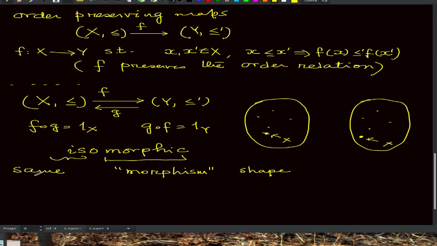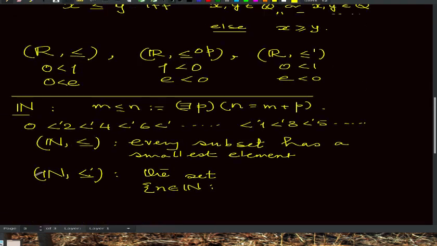So the moment we know that they have the same shape, we know they are isomorphic. So even if, for instance, this n and this n, they are not isomorphic, although I know as sets they are the same. They are in bijective correspondence, obviously. But as ordered sets, they are not the same. Okay?